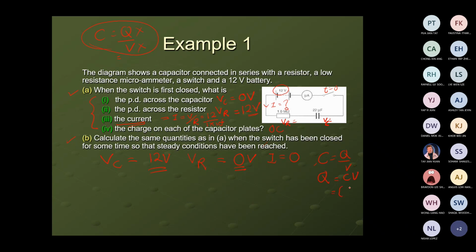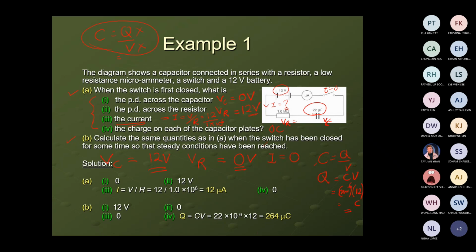The capacitance of the capacitor multiplied by the voltage across the capacitor, which in this case is 12 volt. 12 volt times the capacitance. Capacitance is 22 microfarad, so we put 22 times 10 to the power of -6. So we get the charge in coulomb. So finally, you should get these answers.